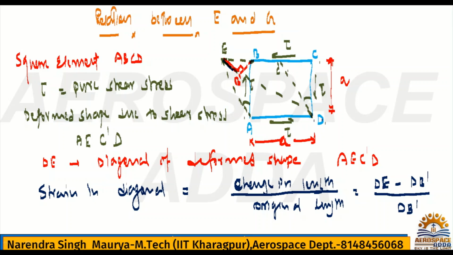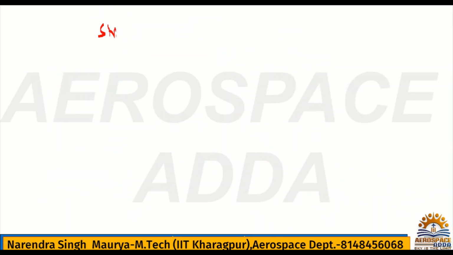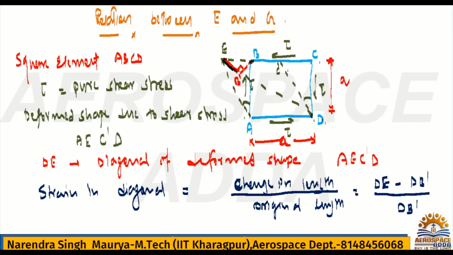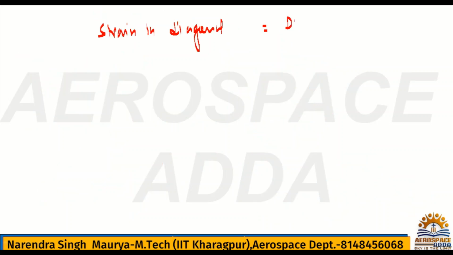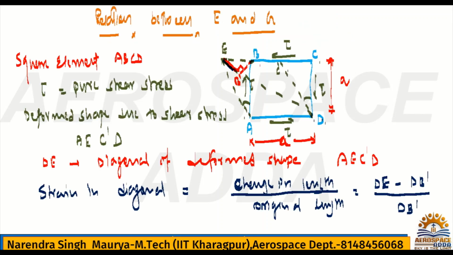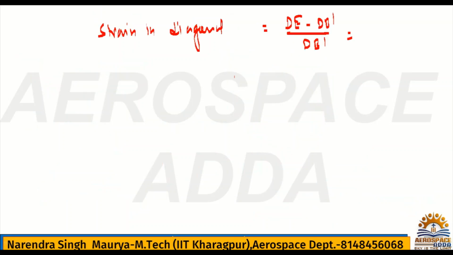Okay, strain in diagonal. If you check, you got DE minus DB dash divided by DB dash. This is nothing but DE minus DB dash becomes EB dash, so EB dash divided by DB dash.